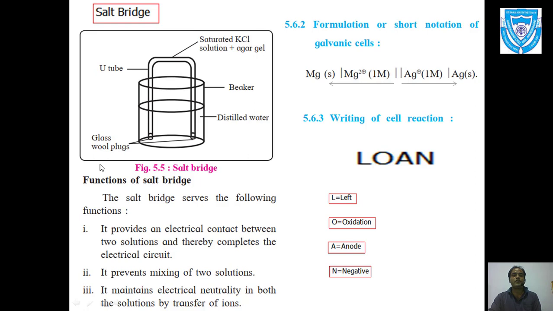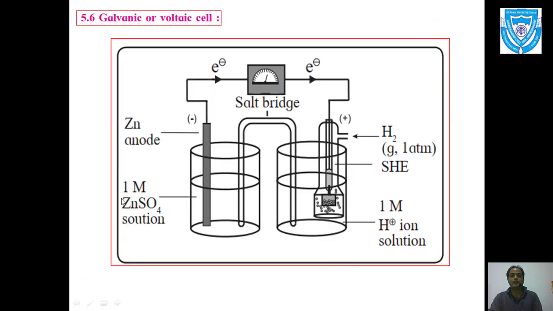Now the functions of the salt bridge. The salt bridge serves the following functions. The first one: it provides an electrical contact between two solutions and thereby completes the electrical circuit. The second one: it prevents the mixing of two solutions. As in the previous slide, these are the two solutions, zinc sulfate and the H plus ion solution.